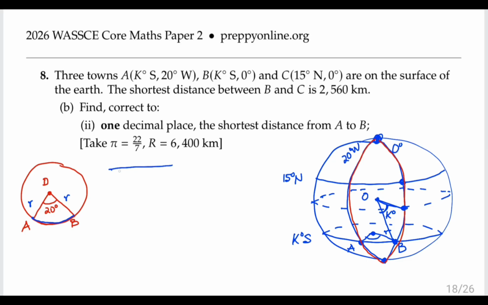We have this, and we have this, and we have that. So we have the center of the Earth here. We have this point, let's call it point E here. And then we have point B here. And then we have, let me call this point D. We have this point D.